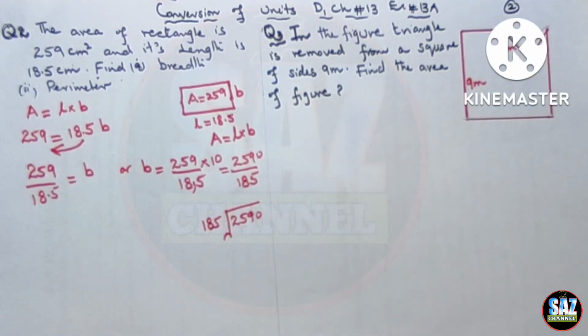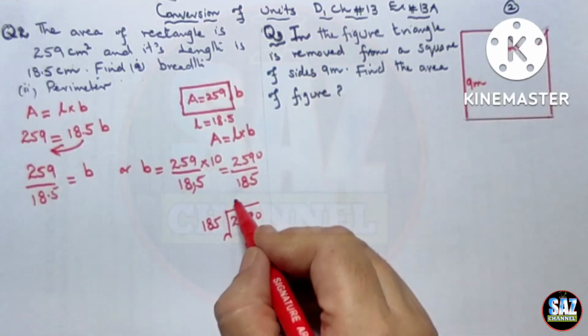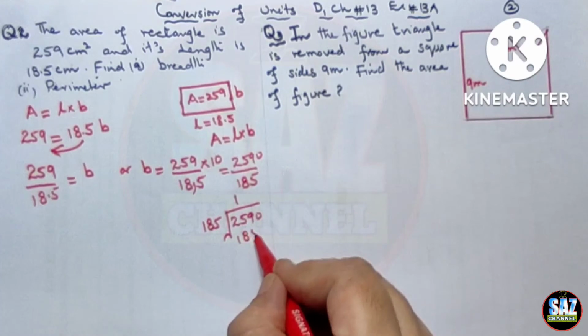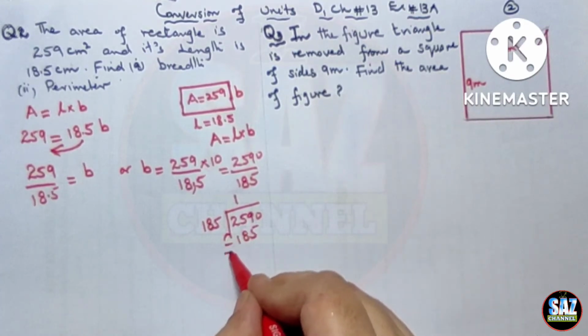So I hope 185 multiplied by 1 time is suitable, because 185 multiplied by 2 is 370. That's a big number. So 1 time is 185, and now I have to take it away.